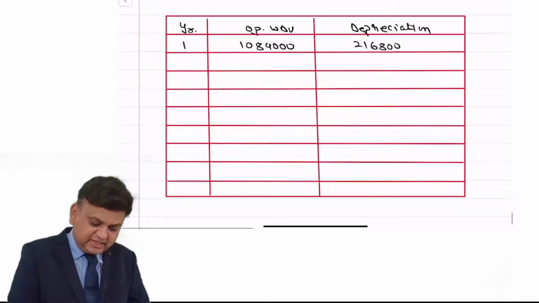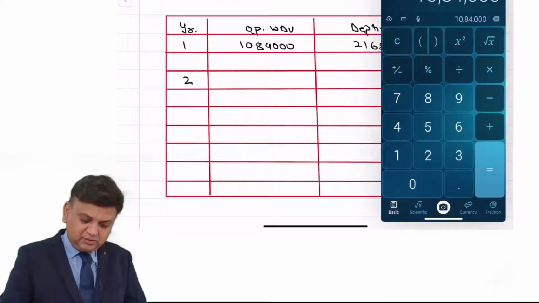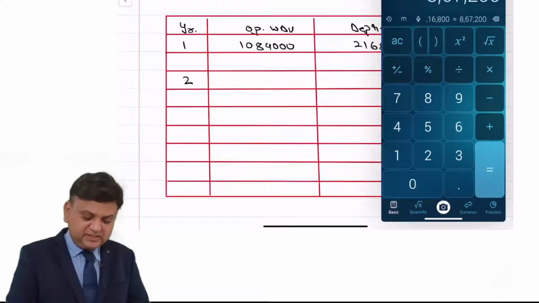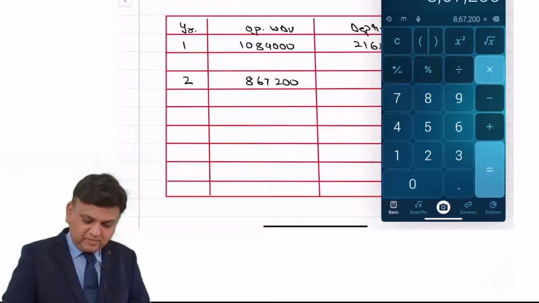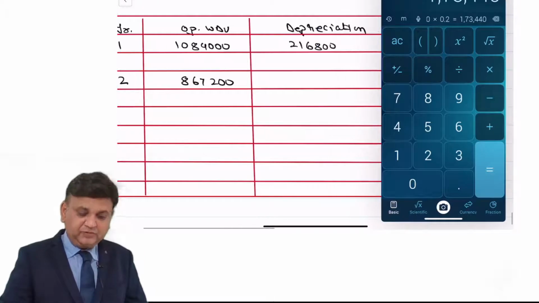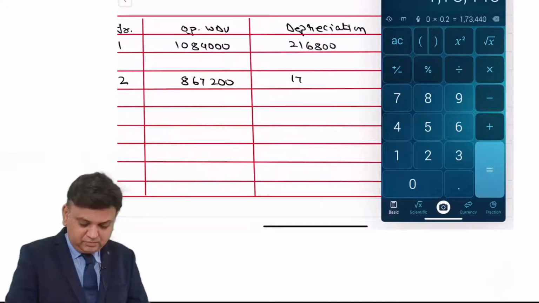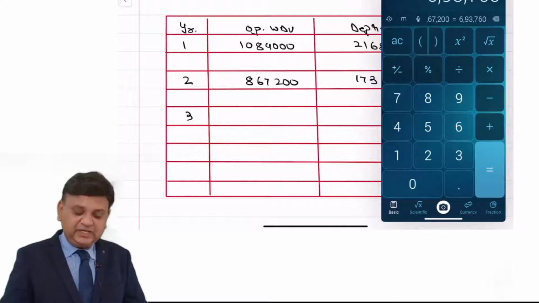So in the second year, it is 10 lakh 84,000 minus 2,16,800. It is 8 lakh 67,200, into again 20 percent. So 1,73,440. In the third year, it is 6,93,760.